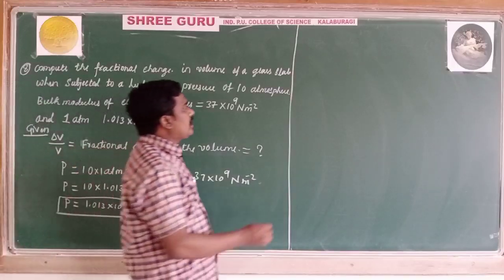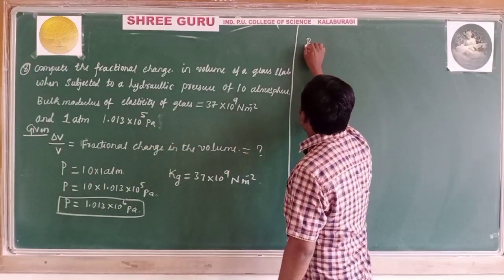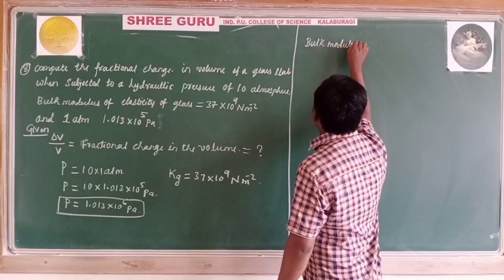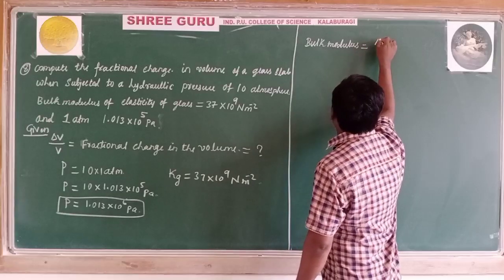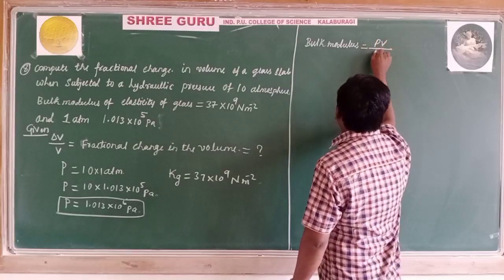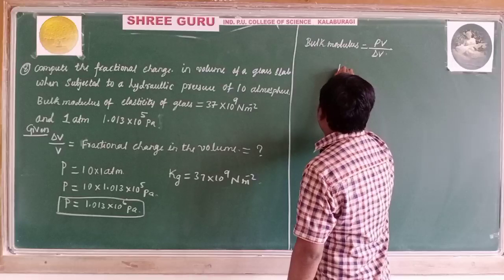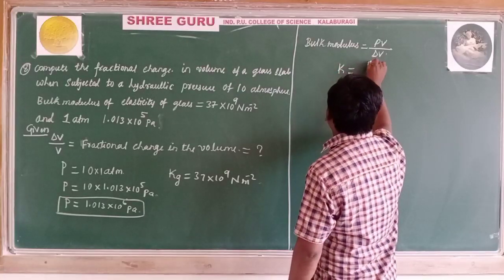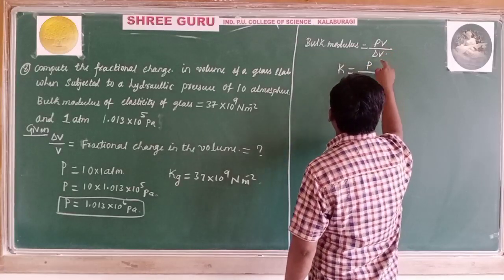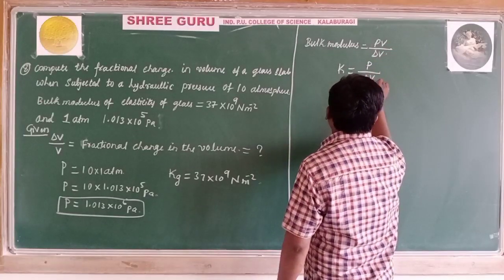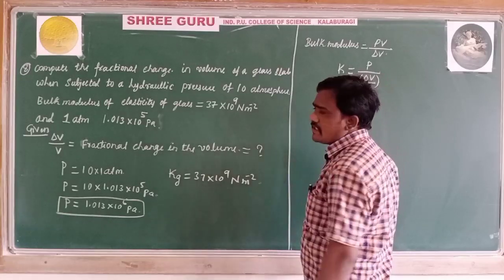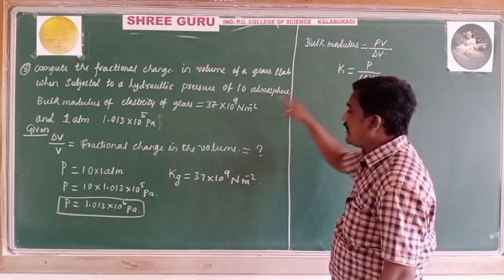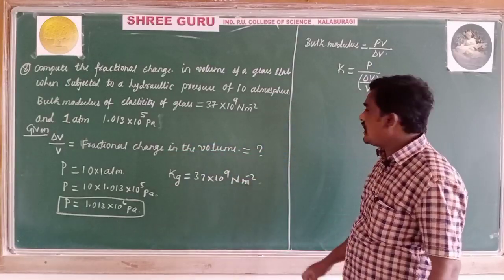Now the formula for bulk modulus: K is equal to PV by delta V. We can also write K equal to P, write as it is, take this V in the denominator, that is delta V by V. We want the change in volume with respect to the original volume as the fractional change in volume.